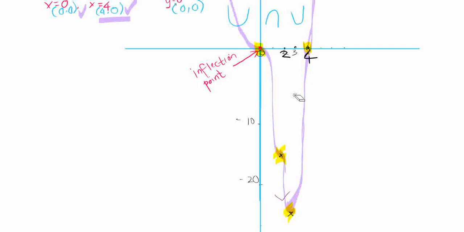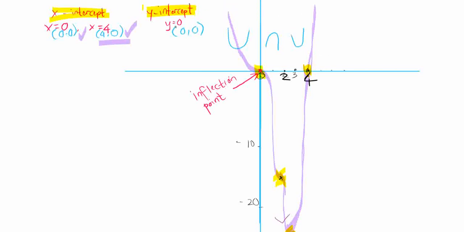Before 3 the graph is declining, going down, and after 3 it is going up. It is concave up before 0, concave down between 0 and 2, and then after 2 it will be concave up again. So this is concave up, and this is also concave up. So this is our graph, and we erase the helping curve.